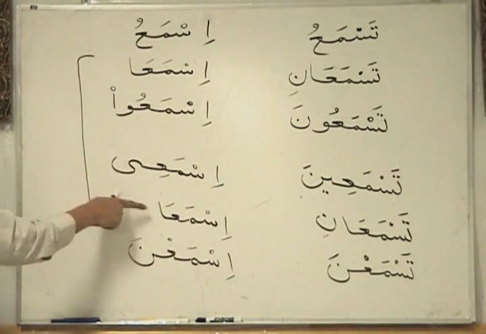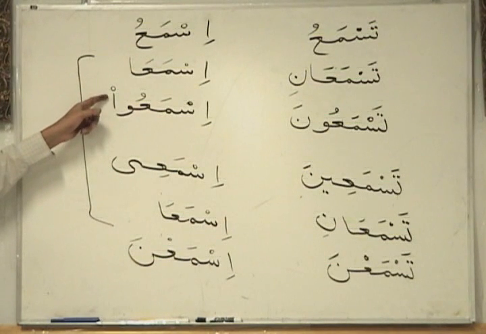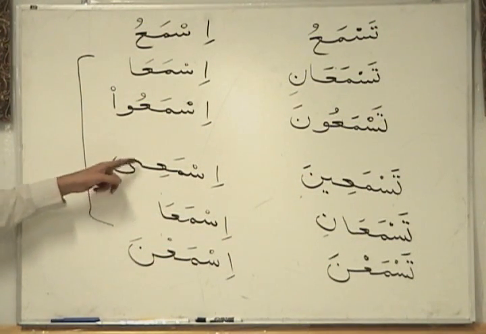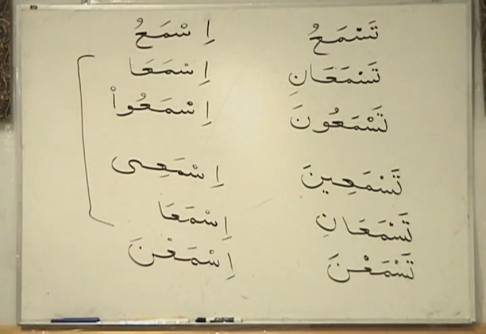And here you got rid of the noon, so nothing needs to be done. Okay? So for these four, it's very easy. Get rid of the noon. And if you want to write it, alif here with a circle on it, a ya, and the second complete ya. But this is only when it comes to writing. Pronunciation doesn't matter.